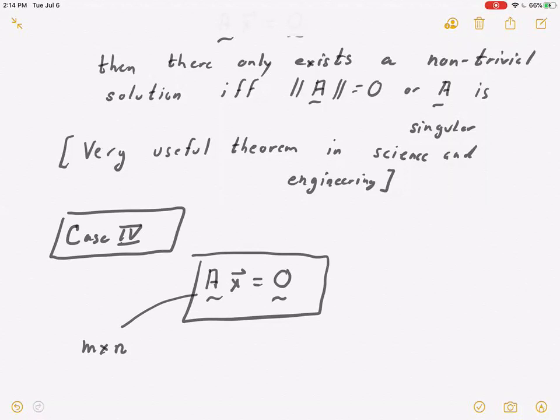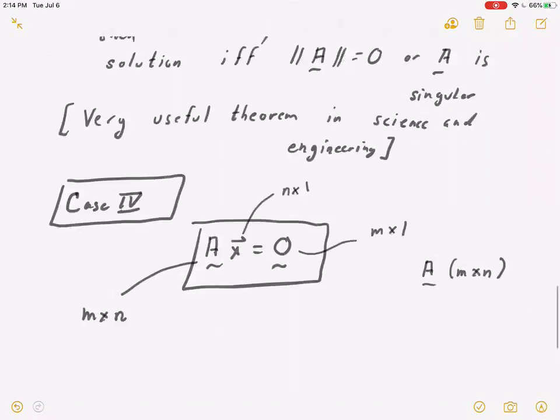So it has m rows and n columns. To satisfy the rules of matrix multiplication, x, my vector that contains all the unknowns in the problem, has to be a vector that has n rows and one column, and the 0 vector has m rows and 1 column. Here, A is an m by n matrix. It's rectangular, it's either tall or wide, depending upon the relationship between m and n.